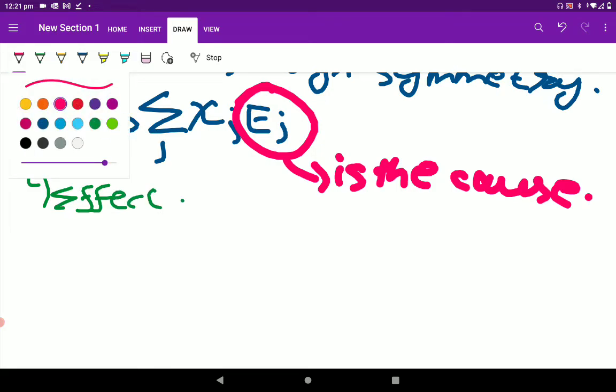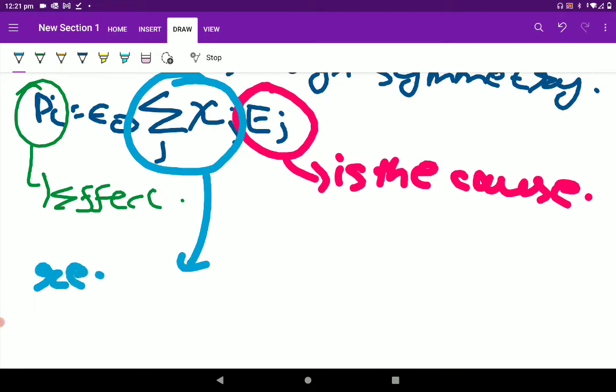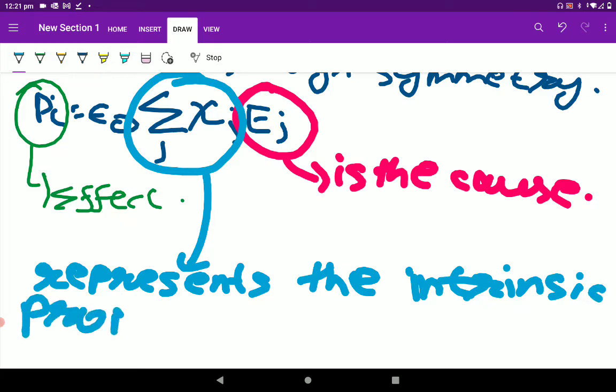While here the summation over xj represents the intrinsic property of the crystal.